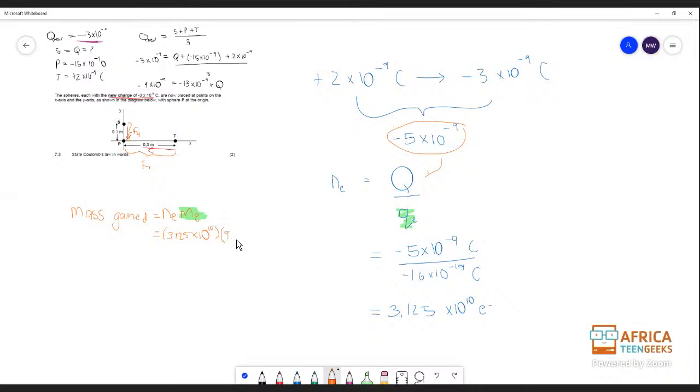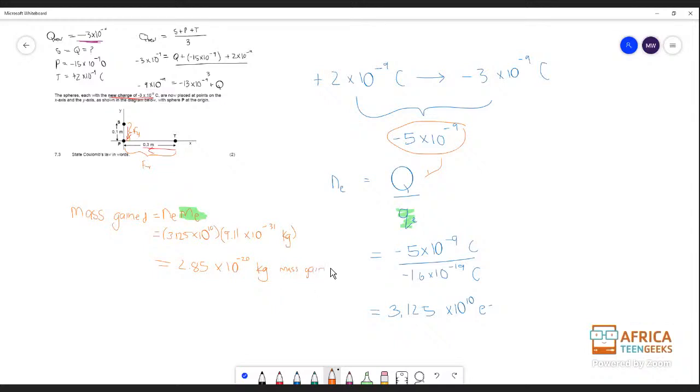That is 9.11 times 10 to the -31 kilograms. So that is super small. And if I plug this into my calculator, I get a value of 2.85 times 10 to the negative 20 kilograms. And you can just say it's the mass gained.